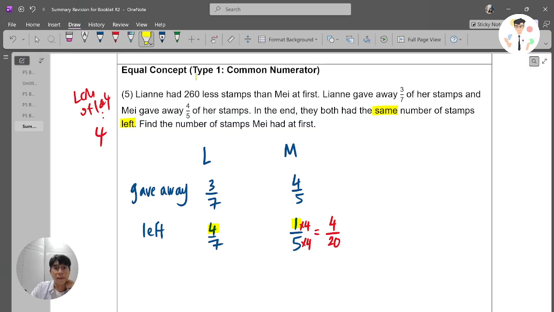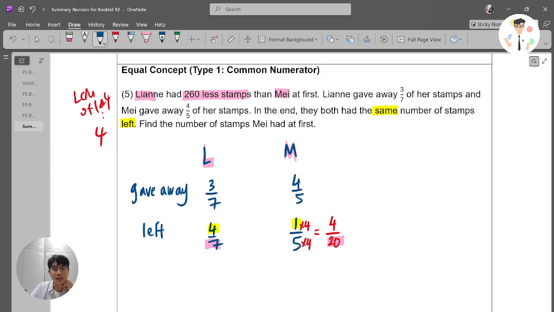Now, if you still remember, I've actually reminded you that this 7 is a total of L. This 20 is a total of May. And now, don't forget, L is 260 less than May at first, which is a total, right? So L is actually 260 less than 20. Now, 7, I can call it 7 units.